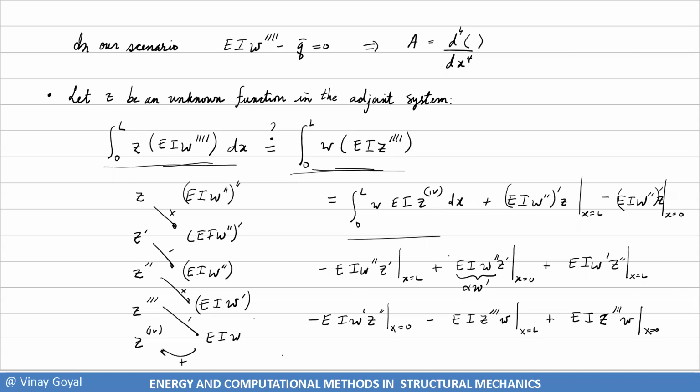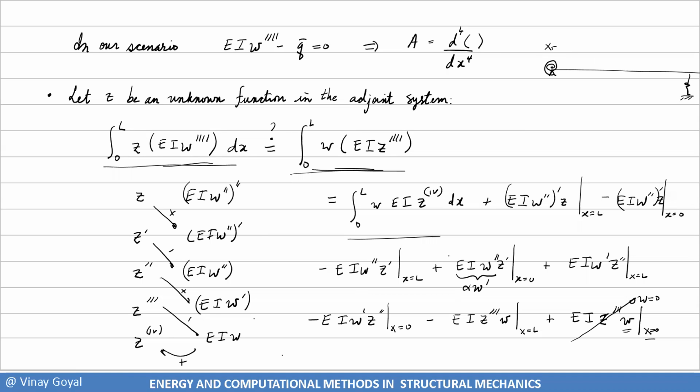So I can substitute that one there as an example. You can see here that at x equals 0, I have a pin condition and w0. So this term goes away because w0 at x equals 0. If you recall, it was a beam. It was pin here, spring here, and a spring constant here.